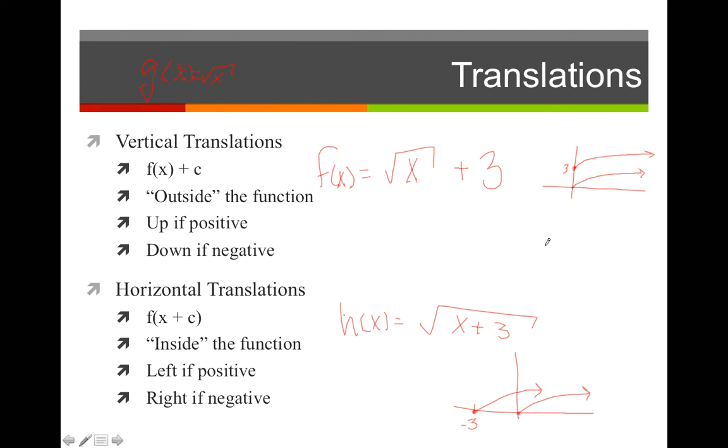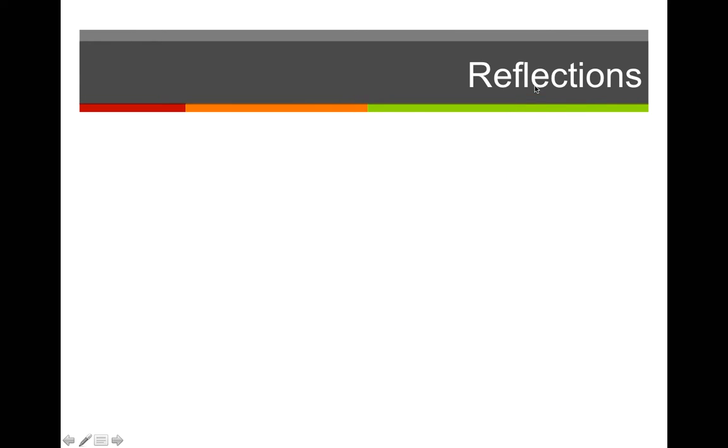Moving up or down or left or right, these are rigid transformations. Rigid transformation just means I'm just sliding it around. I'm moving the same exact function to different spots on the graph.